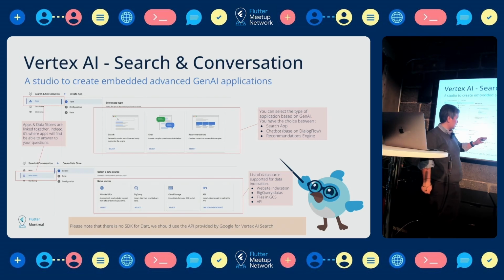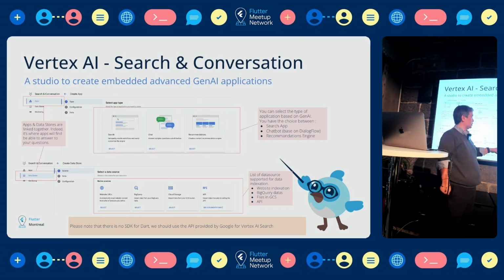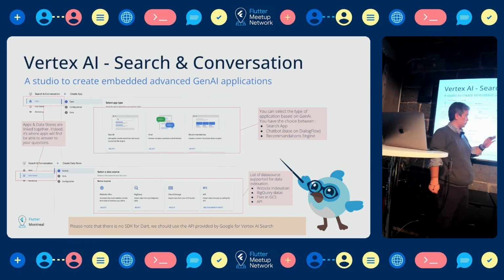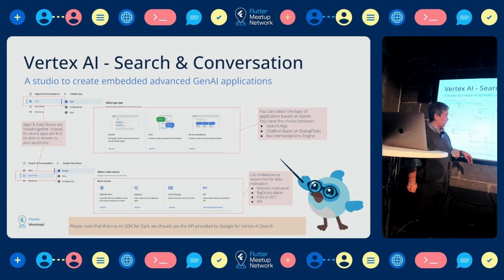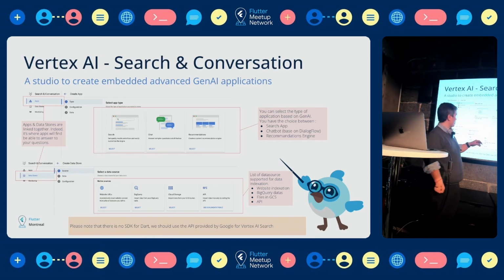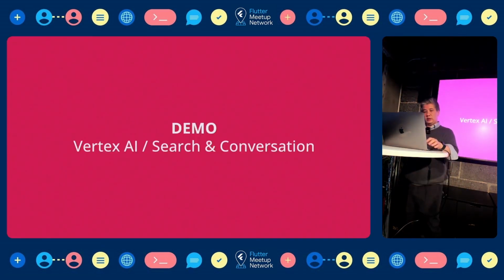You can use data in BigQuery. You can use cloud storage to put some unstructured and structured documentation. And the last one is API. I never tested it, but I think it's not working very well. It's very manual, so you have to import your data, modify it, and push it in storage to be able to work. So we are going to see how it is working.